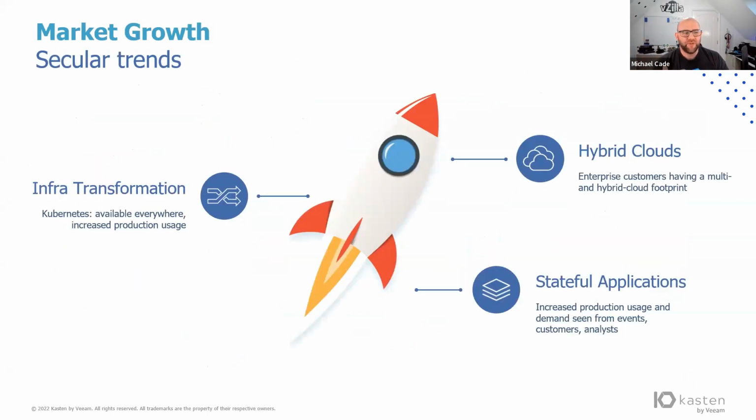So what are we seeing from a market growth point of view? Or what are we having conversations about? One is infrastructure transformation, like Kubernetes being available everywhere. Again, I've said that more than enough times already today. Also, we're seeing a massive influx of hybrid cloud environments running Kubernetes both on premises, but then also in the public cloud. And how do we manage those all together and have the freedom of choice when it comes to where we're running those workloads?